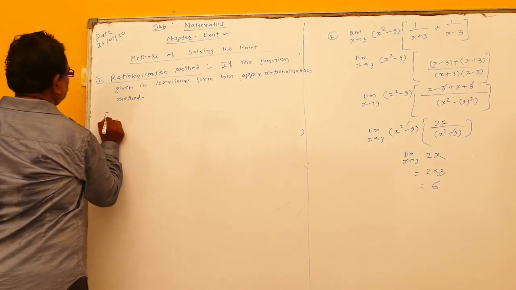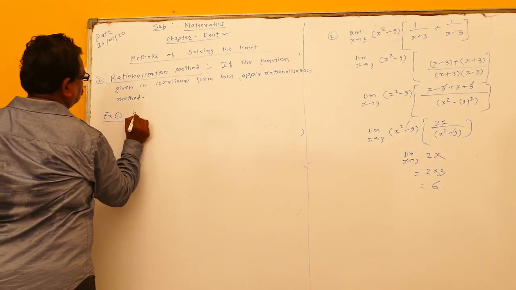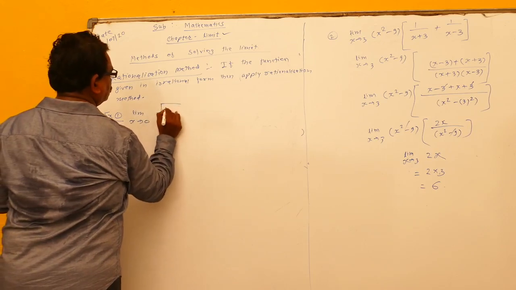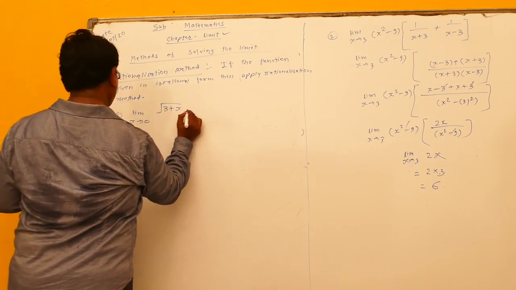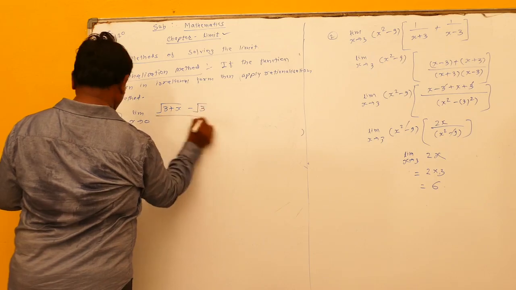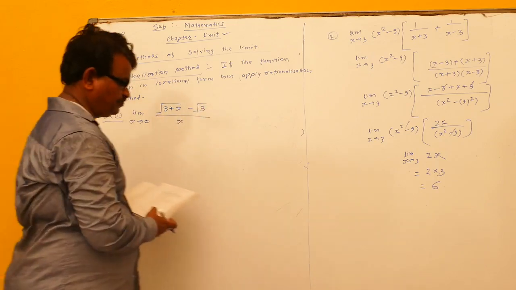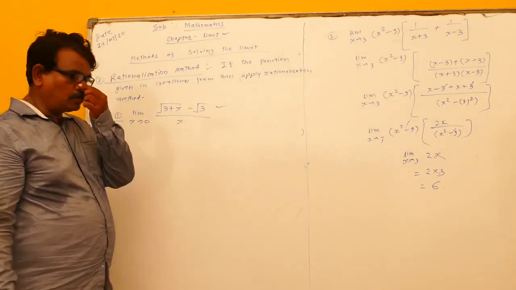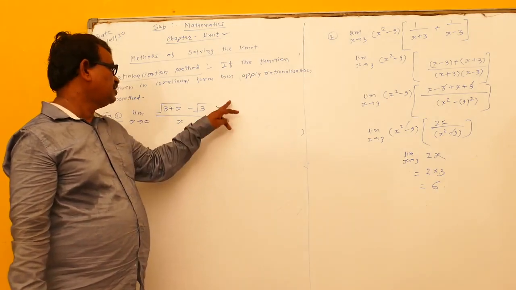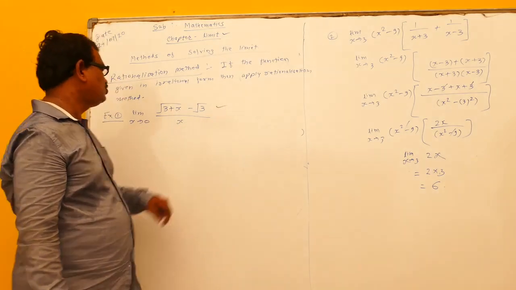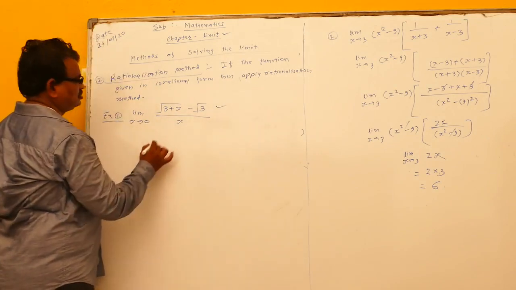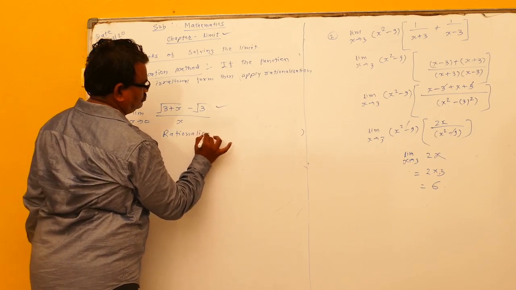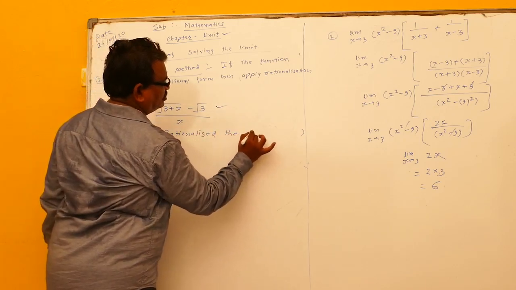Limit of x tends to 0, (under root of 3 plus x minus root 3) divided by x. Now here the numerator is given in irrational form. So if it is given in irrational form, then we need to rationalize the numerator.